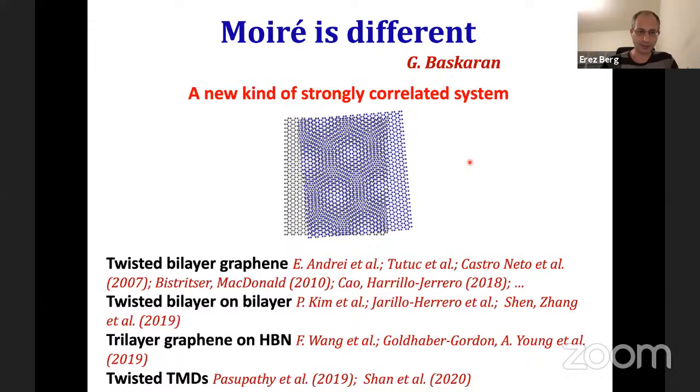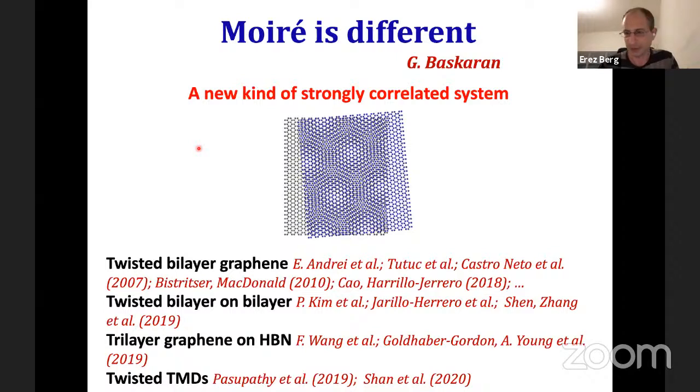So it started with twisted bilayer graphene, which was predicted 10 years ago and realized by Eva Andrei and collaborators who did STM, and a couple of years ago at MIT, where they found that the system actually exhibits a host of strongly correlated phenomena.